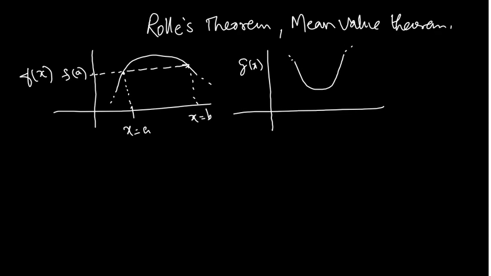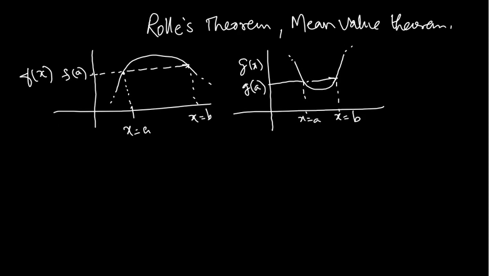Understood, right? So you got exactly the same value for x equal to b. Here also it will be like that only. This is x equal to a, and this is g of a, and this is x equal to b.